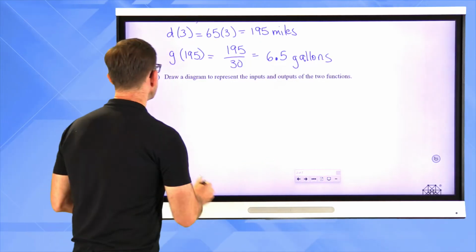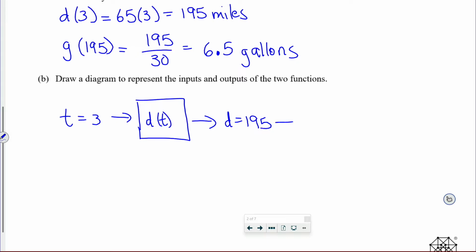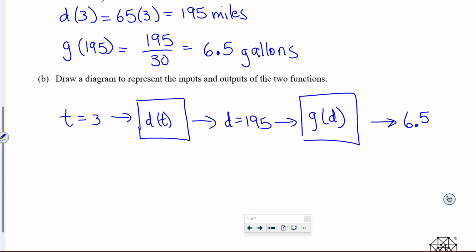The whole idea here is that t equals 3 went into this function d of t, and what came out of it was d equals 195. That input then went into this function g of d, and what came out was 6.5 gallons.